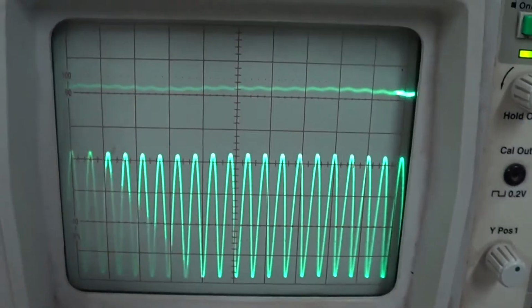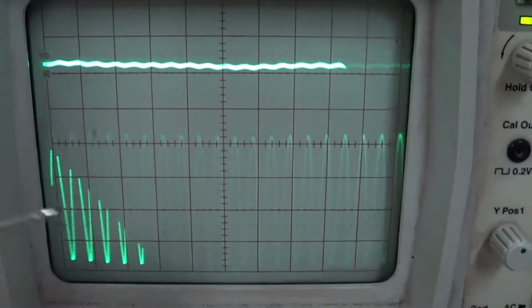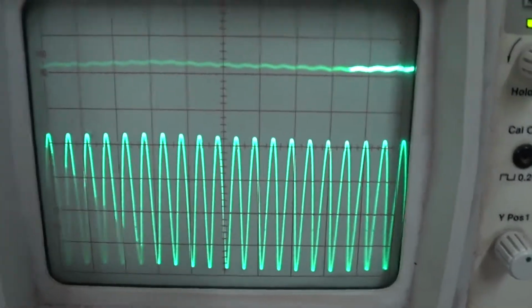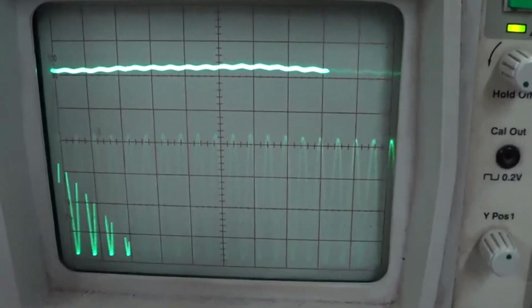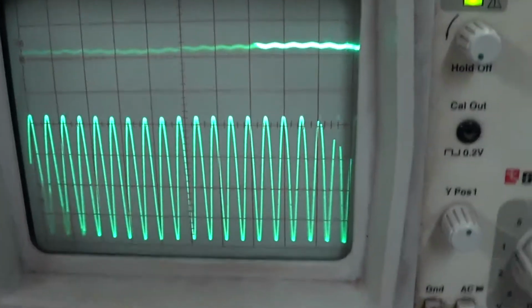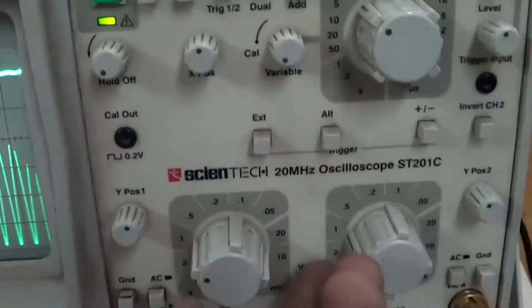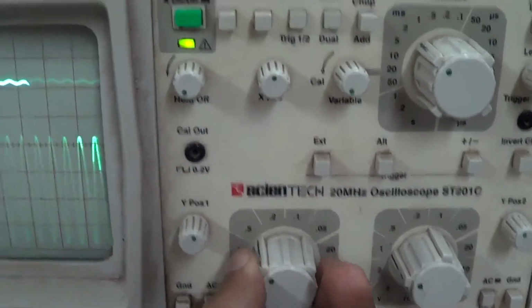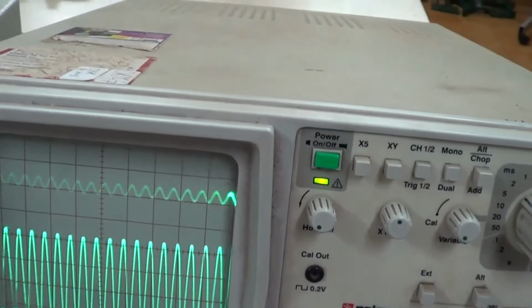Now let us make the measurement of the peak to peak amplitude of the input signal and output signal so that we can calculate the gain of the amplifier. For this, first of all, let us measure the amplitude of the input signal. I will change the scale for the purpose of measurement.